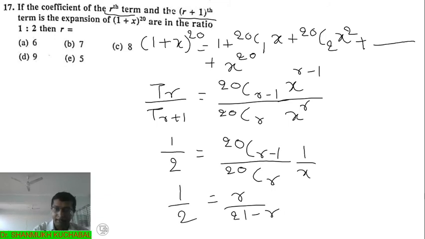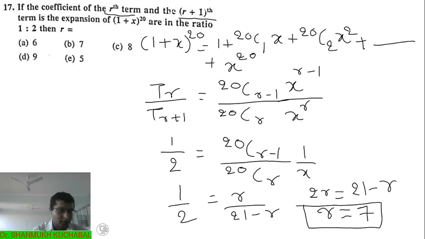Then cross multiply, so we get 2r equal to 21 minus r. Transporting minus r to the LHS and simplifying, we get the value of r equal to 7. Yes, r equal to 7 is the right answer. Therefore option B, r equal to 7, is the right answer.